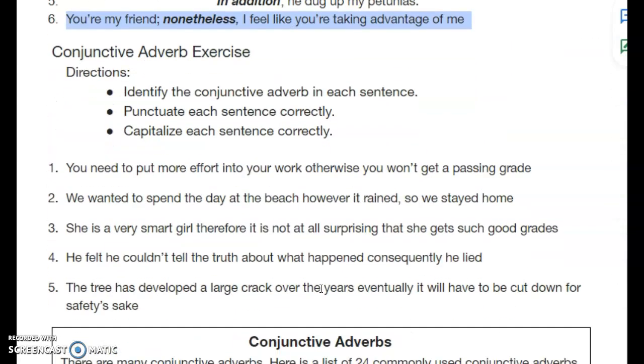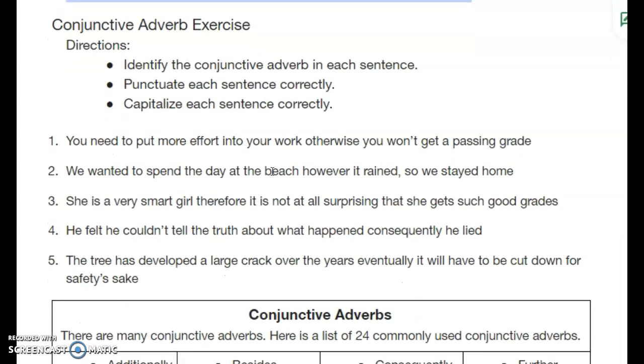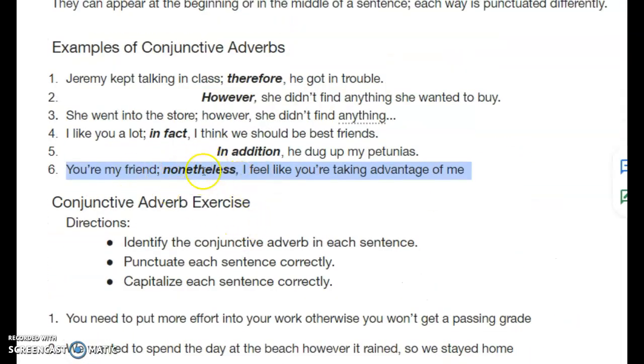All right, here's our practice. There's 5 sentences. You're gonna do 3 things. You're gonna identify the conjunctive adverb in the sentence, and then you're gonna punctuate and capitalize the sentence correctly. So it's going to depend. We know that the conjunctive adverb is going to be found somewhere in the middle.